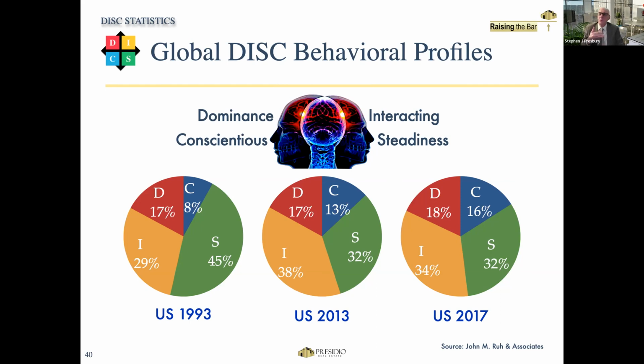People can connect to people anywhere in the world at any time of the day through social media platforms. So what we have seen is an increase in this personality style, which now is over a third of the population are I's. Does that make sense?